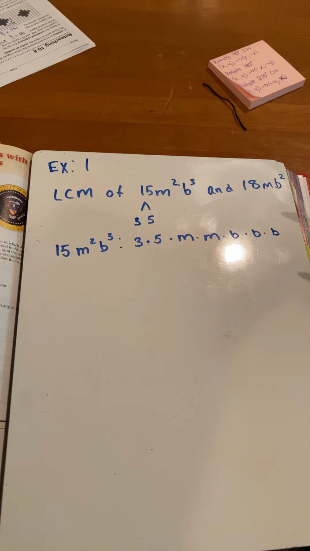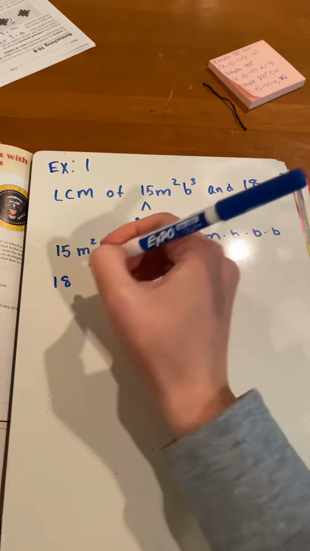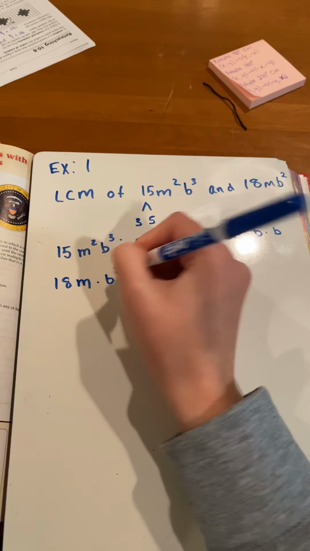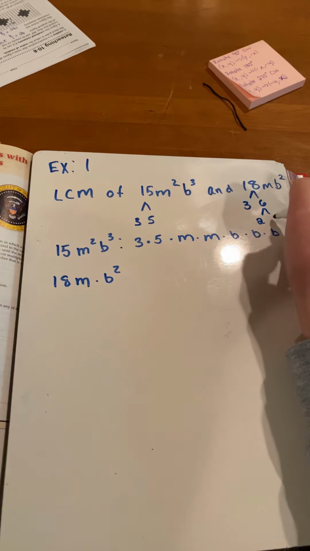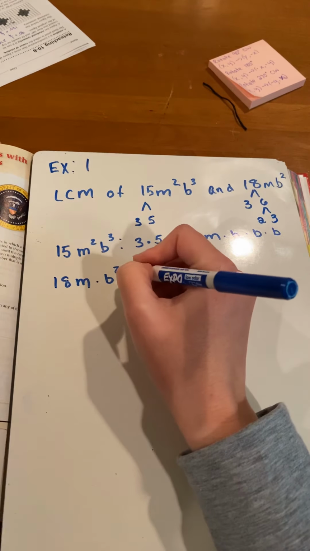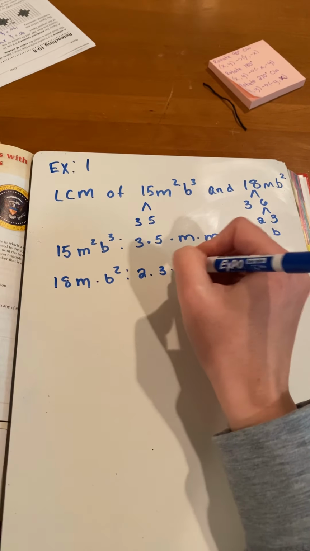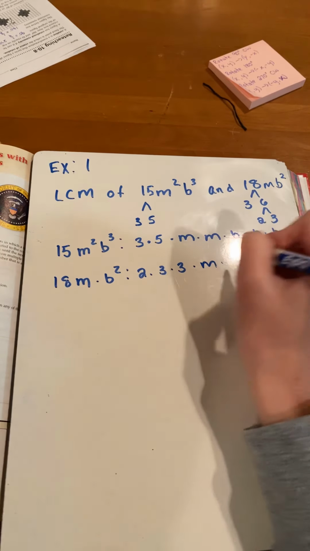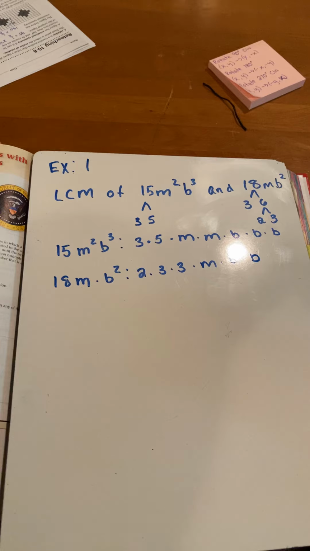And now we're going to do the same thing for 18. We have 18 m times b squared. And now we're going to break down 18. We get 3 and 6, 2 and 3. So it breaks down to 2 times 3 times 3 times m times b times b. So far all we've done is factor it.